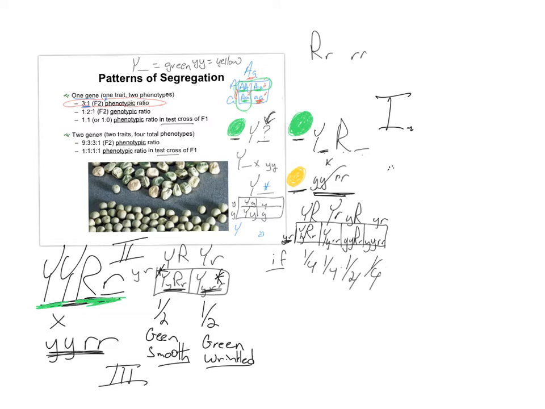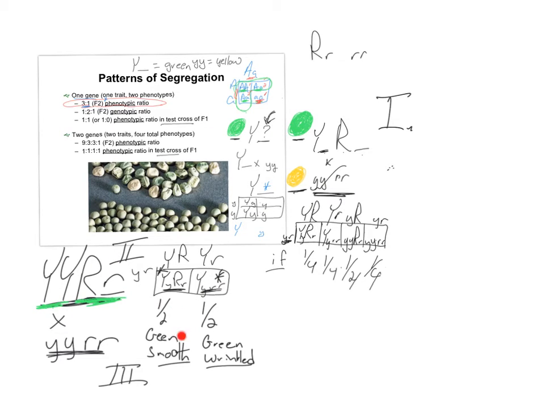I mean the homozygous. So you'd make this big Y, little y, and this big R, right? And then that would give you your homozygous, or little r.